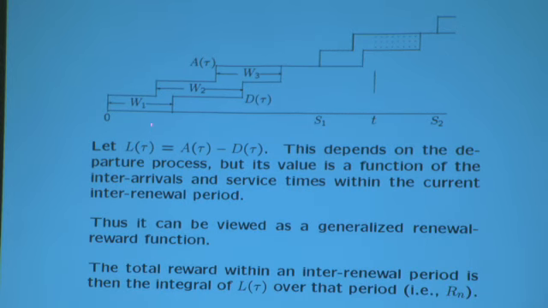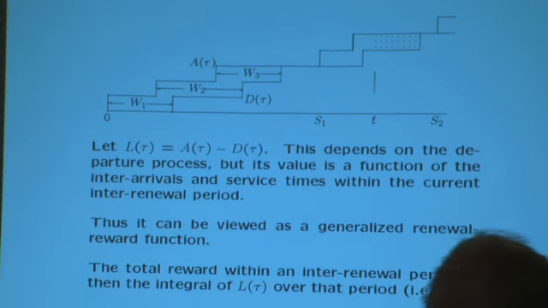From the time it comes in, it's waiting in queue until this time, then it starts service. Next customer comes in here, waits in queue, finally starts service. Then the system is empty, and you integrate L of t from here up to here. You sum the W's, and that's what I did in the next slide.